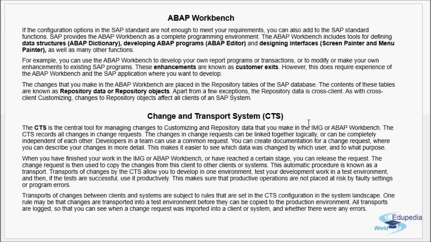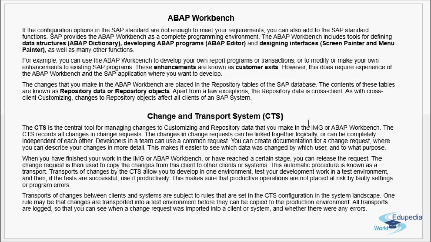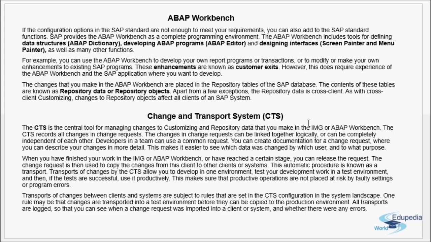Then we saw repository data, and ABAP Workbench gives a programming environment for you to develop your own reports, objects, or whatever. This is known as repository data, and in both of them we have two types of data: cross client, that is common across all the clients, and client specific, so the data is specific to that client only.